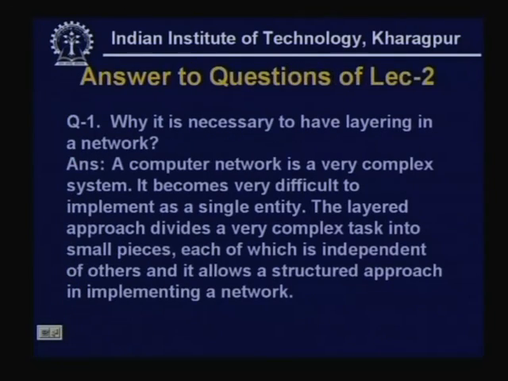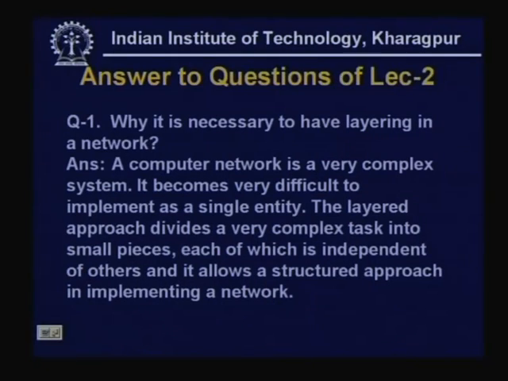and we end this lecture with the answers to the questions of lecture 2. The first question was: why is it necessary to have layering in a network? The answer is, as we know, a computer network is a very complex system. It becomes very difficult to implement as a single entity.